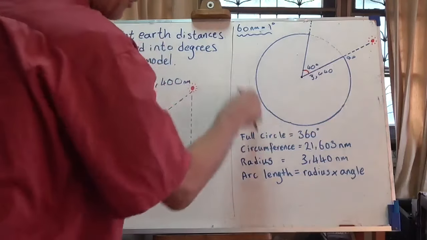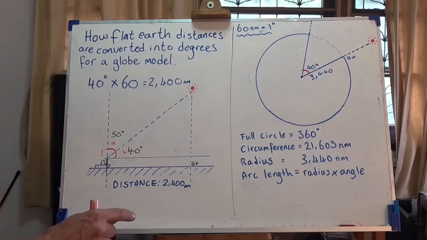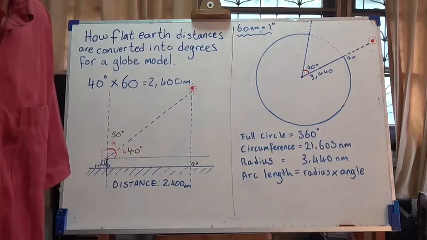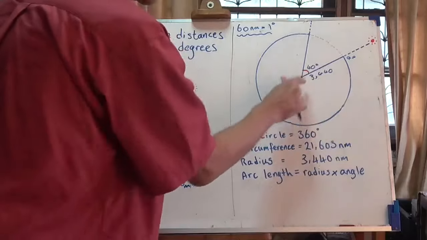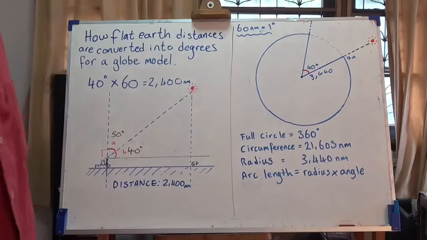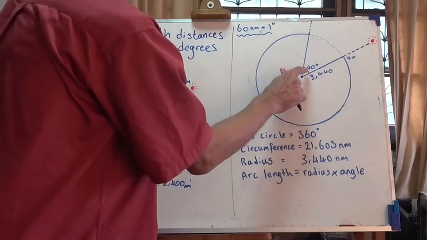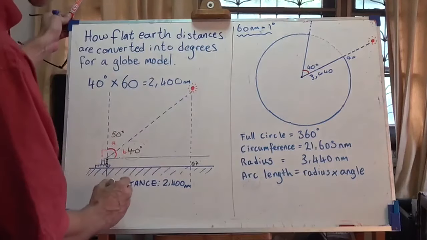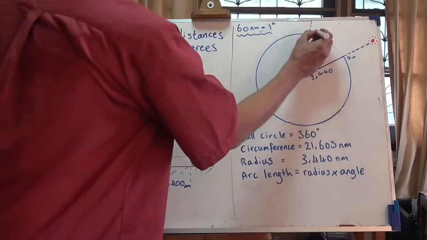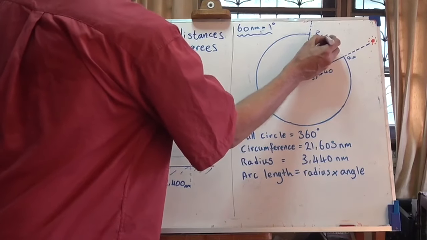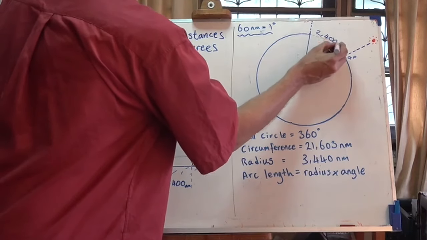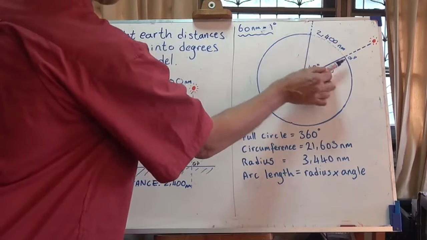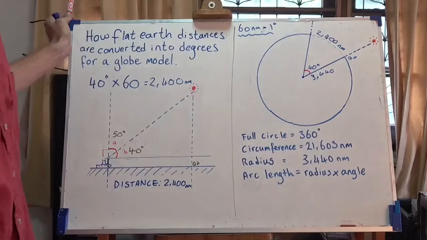It's just that you can draw a circle with 360 degrees, and using nautical miles, this radius must be 3,440 to give us this 40 degrees, so that we end up with a distance of 2,400 nautical miles across this arc length here.